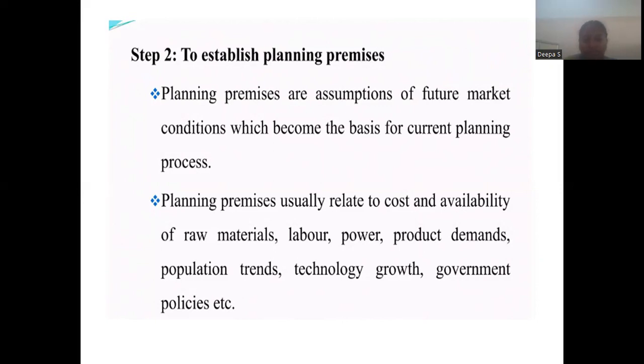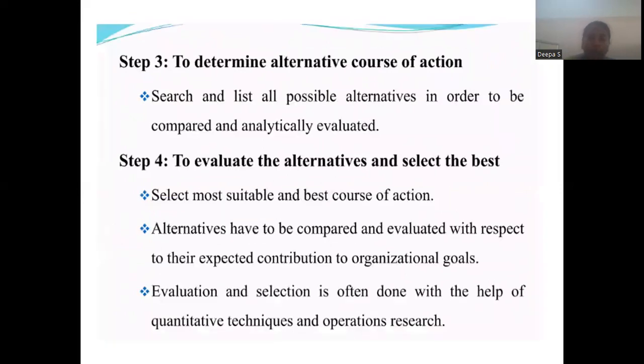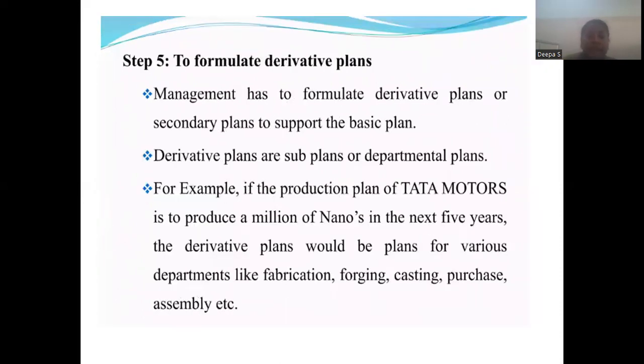These are the basic things established before you consider different alternative ways. You evaluate and compare each alternative, selecting by using quantitative techniques. Then you formulate derivative plans, which support your basic plan.